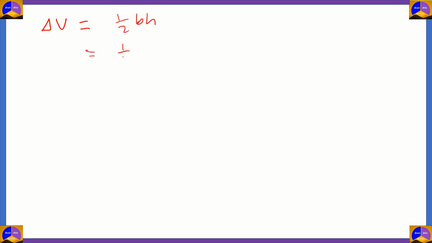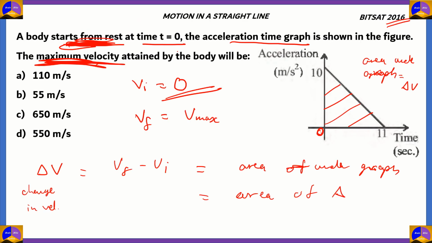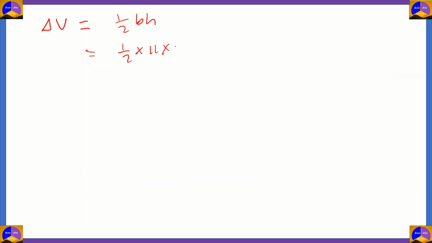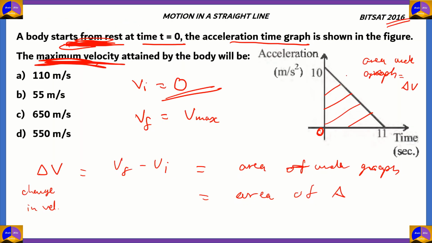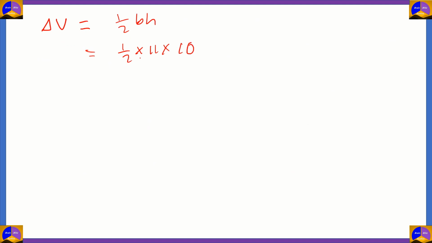So that's half times, the base is 11, and the height is given as 10. So 2 goes into 10 5 times, so you have basically 5 times 11, which is 55. So V final minus V initial is equal to 55 meters per second, since it's in the dimensions of velocity.